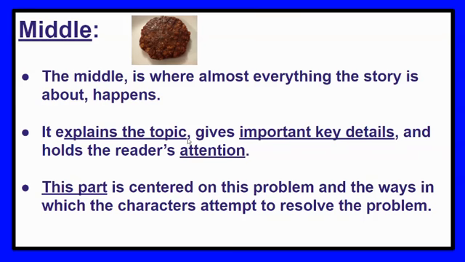It explains the topic, it gives important key details, meaning telling you more about the topic of the story and the person in the story. It tells you a lot more things that only the author knows. And if you don't know it, you won't understand him. So they have to tell you all these little details, and you can continue building your little picture in your head.